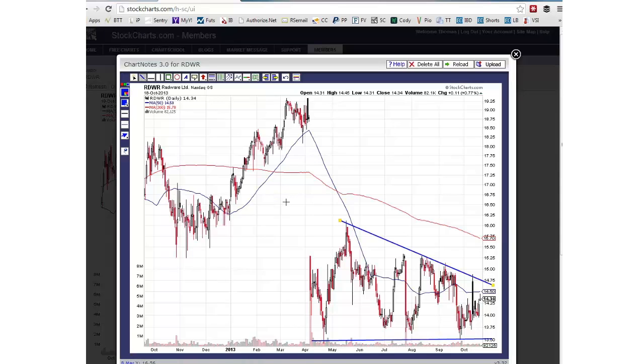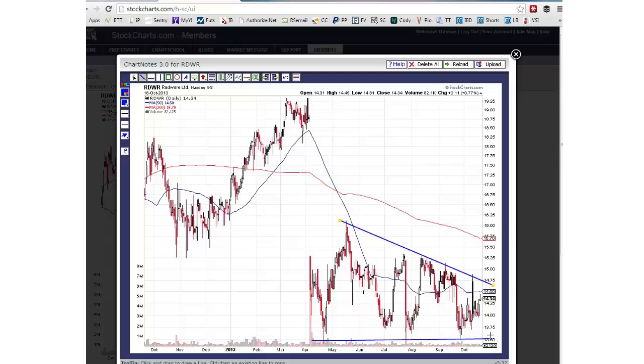We can play it the safe and most reliable way, or we can play it the least risky but least reliable way. The most reliable way is to wait for a close below $13.50, which is down here at the pivot lows. This is almost a 3-touch low, and the more touches you get against a support line, the more likely it is to break at the next touch.